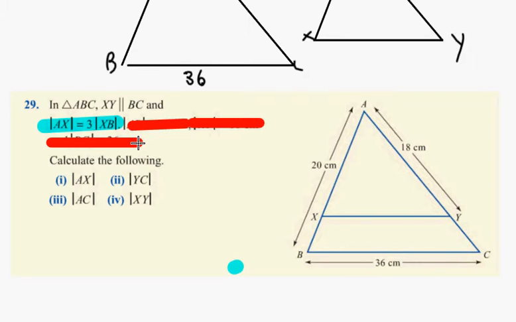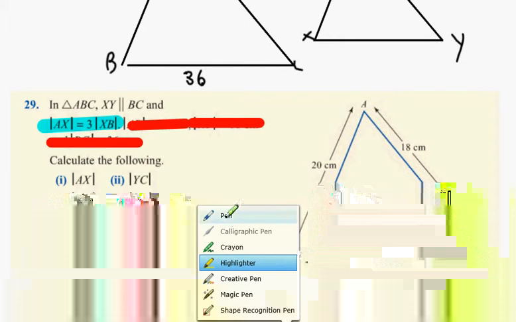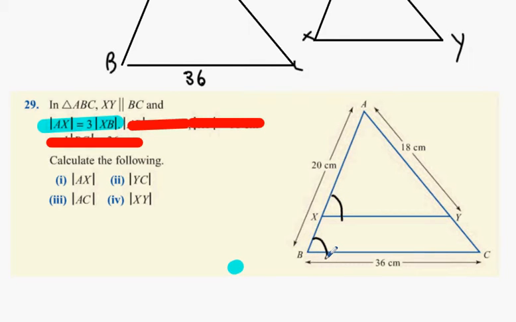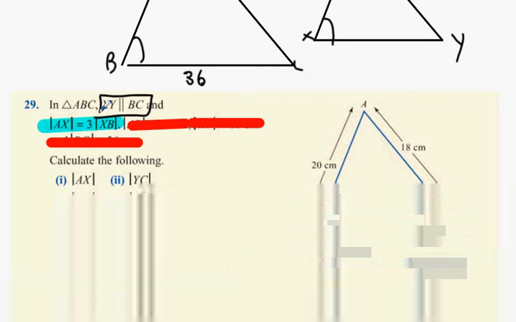Right? I'm going to prove they're similar though, okay? So I'm just going to make sure I'm definitely dealing with similar triangles. This angle is the same as this angle. For what reason? Corresponding. That's where the information about them being parallel to each other comes in handy. XY is parallel to BC. That means I'm allowed to use corresponding angles.